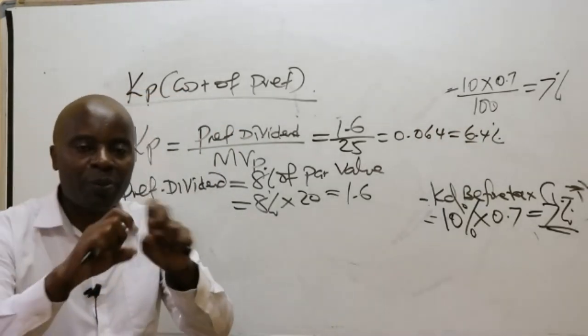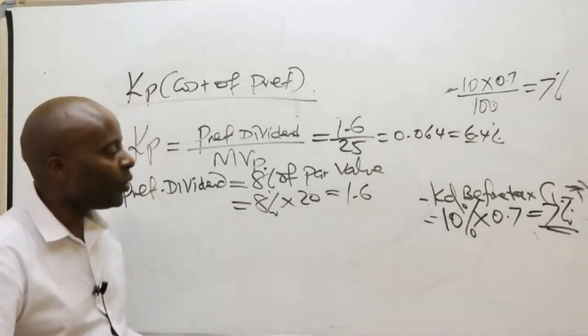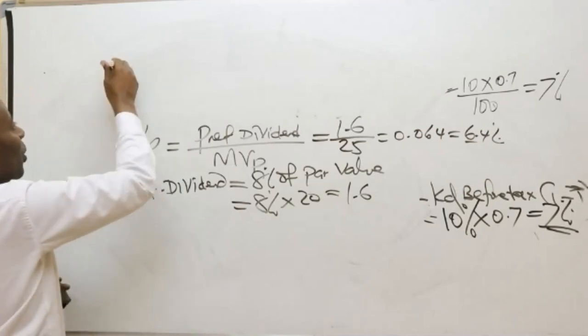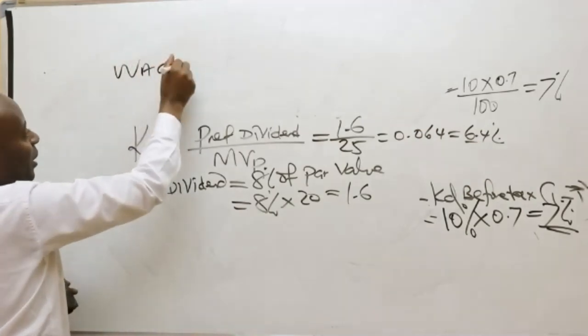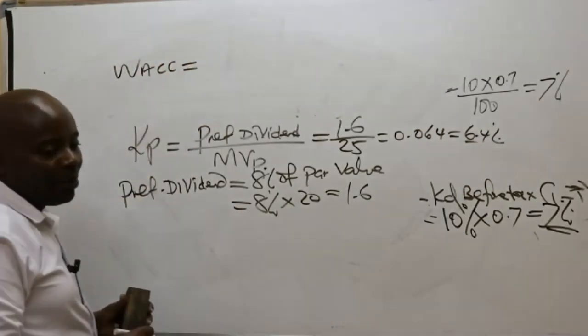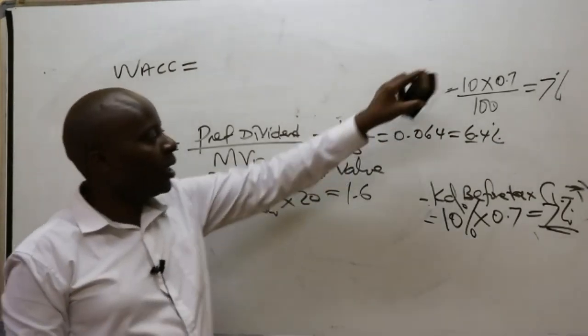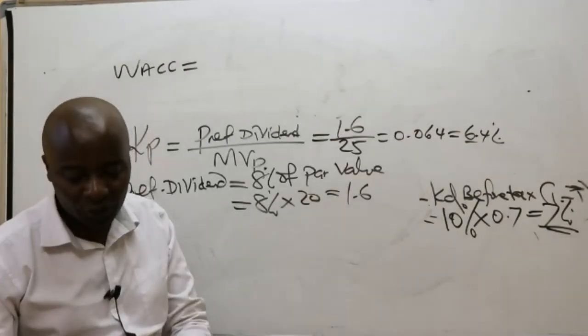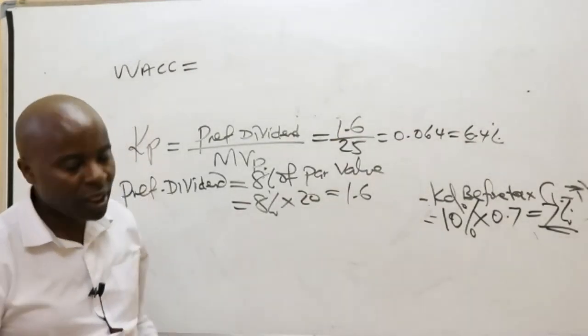Now, ladies and gentlemen, we happen to have everything. Yours now is to plug in the figures to give us WACC. So could you kindly write for us the WACC formula without looking at your notes.